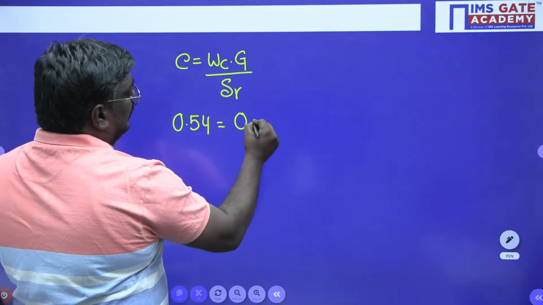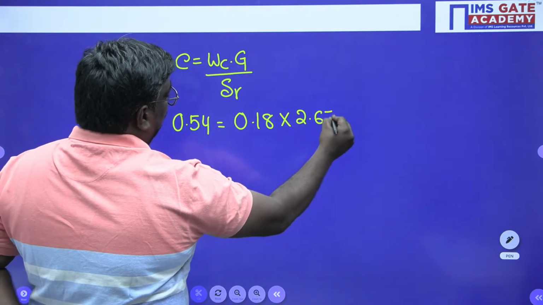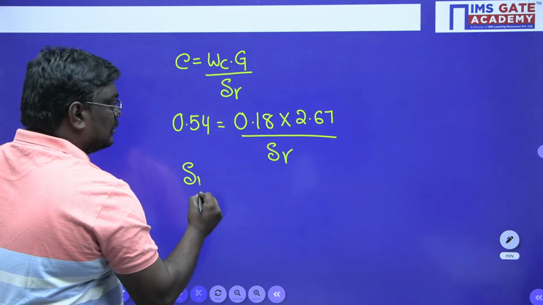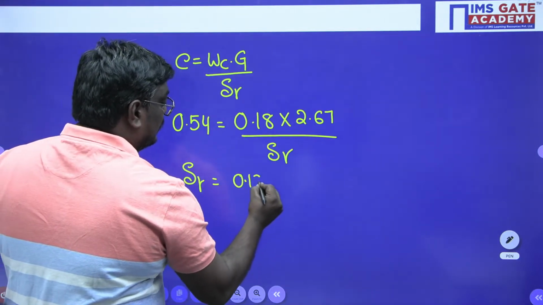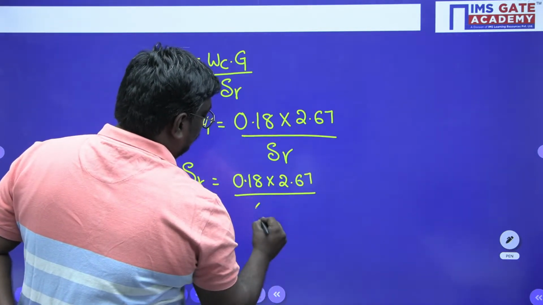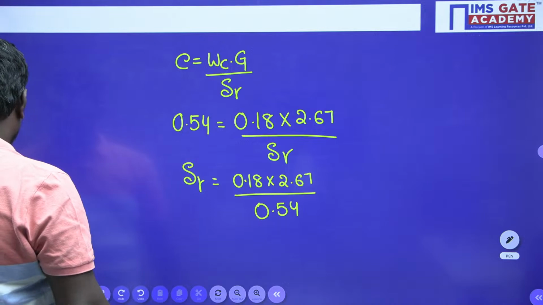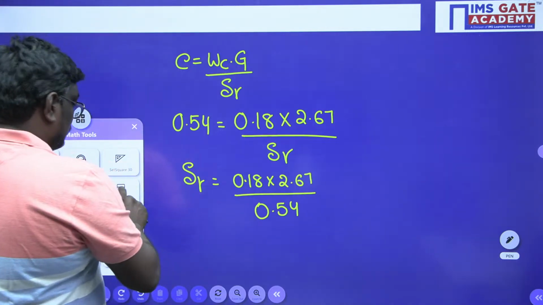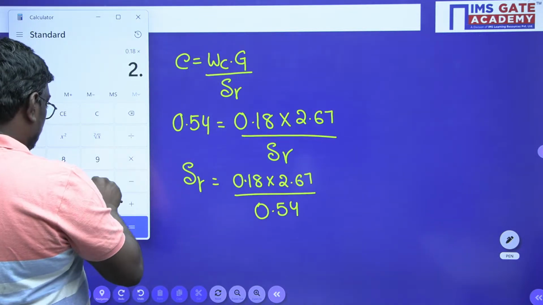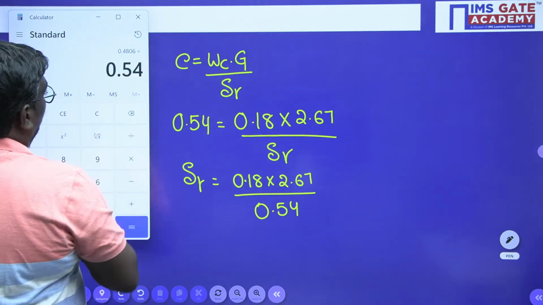So, 0.18. And the specific gravity is given as 2.67, divided by the degree of saturation. So how do you calculate the degree of saturation? It is 0.18 into 2.67 upon 0.54.